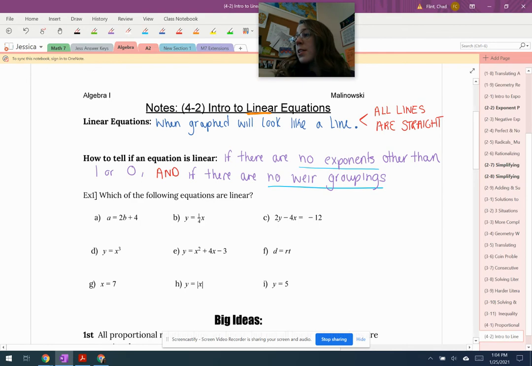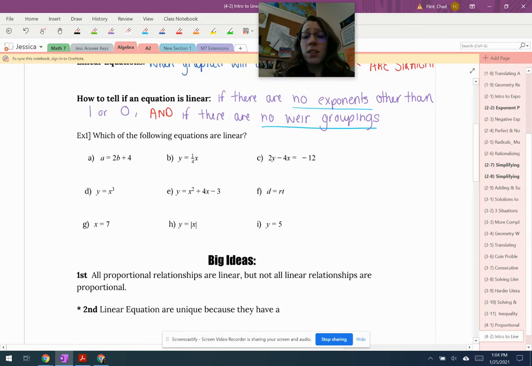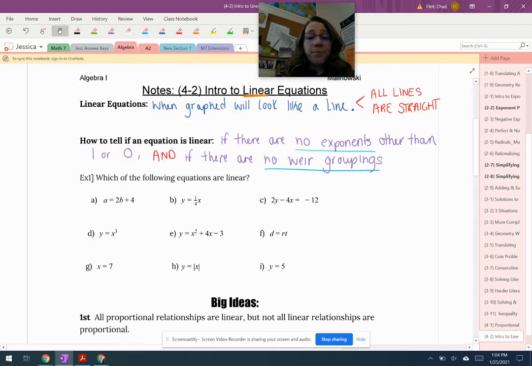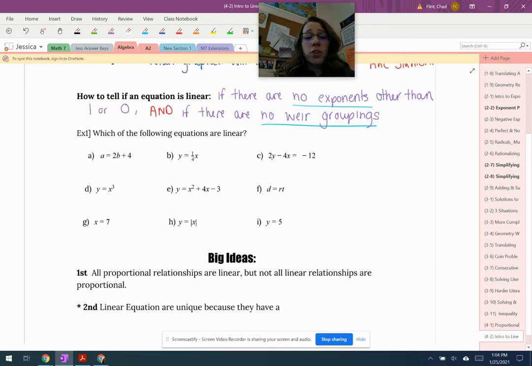So we'll take a look at this in action in our example here, which so nicely corresponds with your first problem on your practice sheets there. Okay, so example 1. Which of the following equations are linear? Okay, so remember, we're looking for if there are no exponents other than 1 or 0 and no weird groupings.